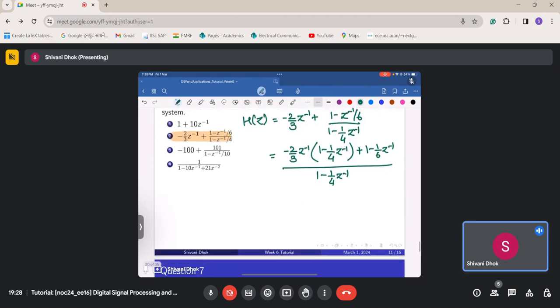So this thing here is minus 2 by 3 z inverse plus 1 by 6 z to the power minus 2, plus 1 minus 1 by 6 z inverse, upon 1 minus 1 by 4 z inverse.